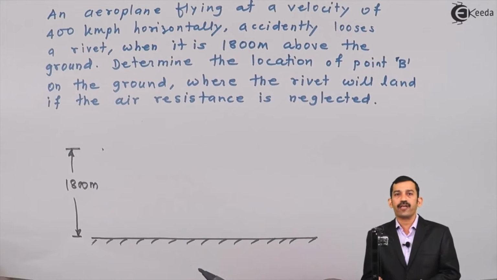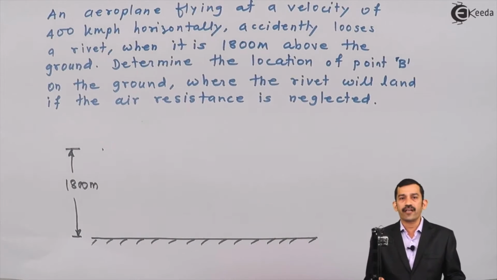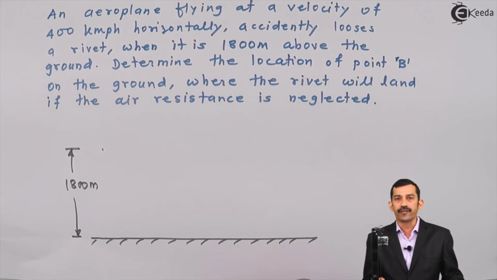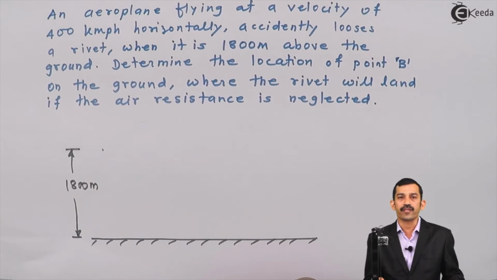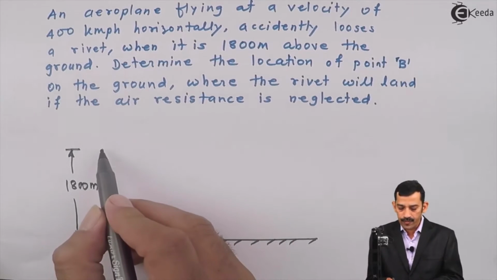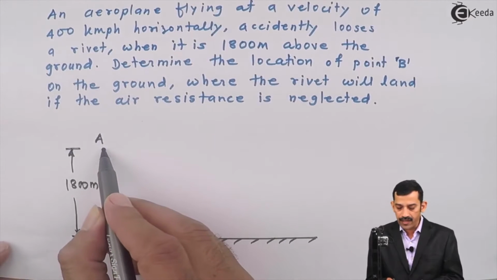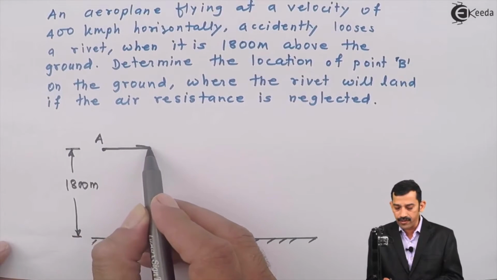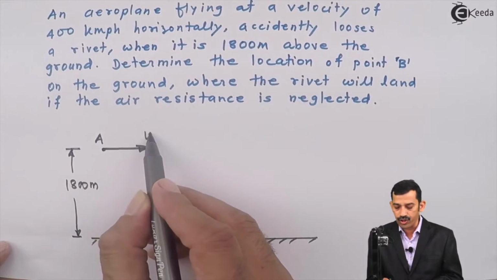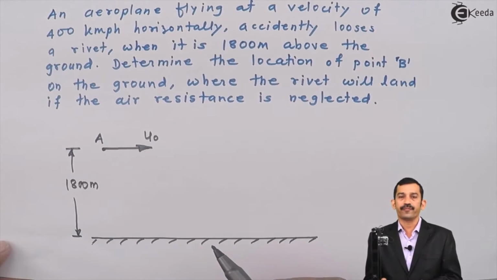As the aeroplane is flying in the horizontal direction, if it loses the rivet, the initial velocity of the rivet will be the same as the velocity and direction of the aeroplane. From this point, which we assume is point A, the velocity of this rivet is u0, horizontally.